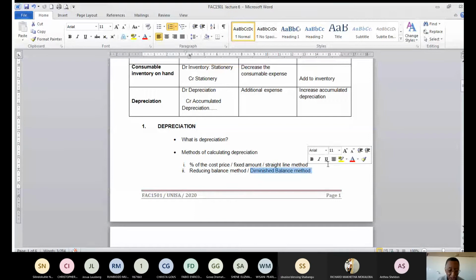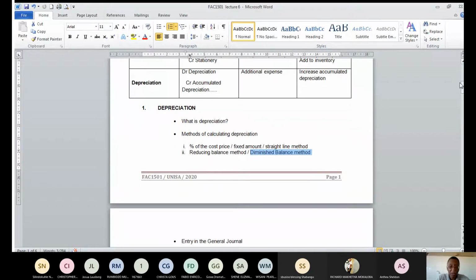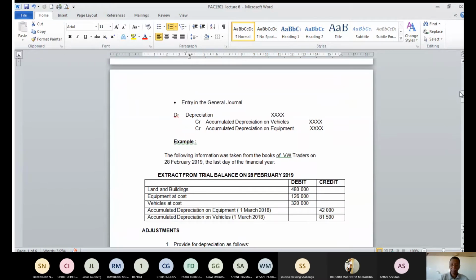With the diminishing balance method, it is once again a percentage, but it is a percentage on the carrying value. So you must first calculate the carrying value, and the carrying value is cost price minus accumulated depreciation. First get that amount and then you apply the percentage on that. So those are the methods that we apply to calculate depreciation.